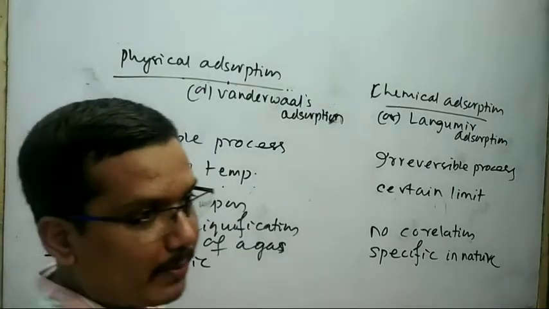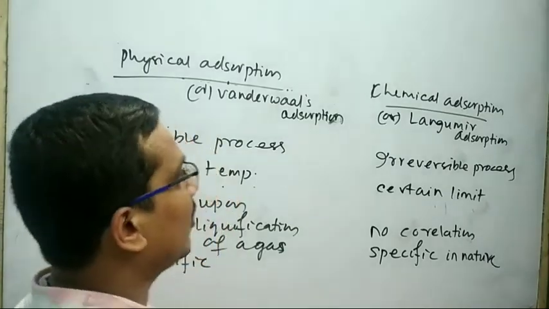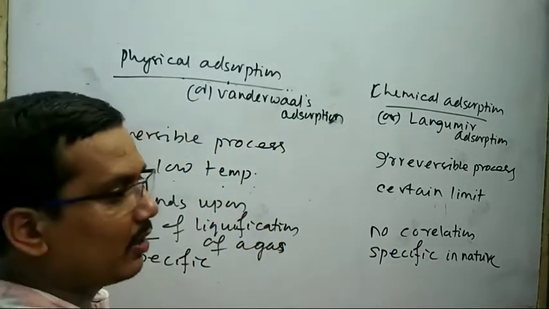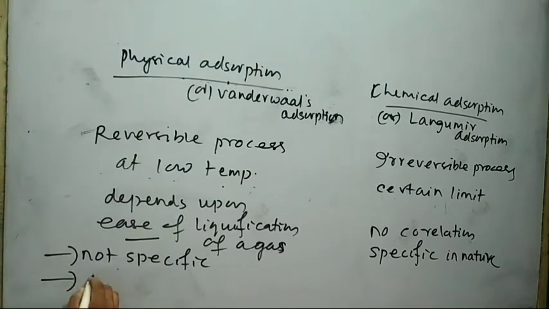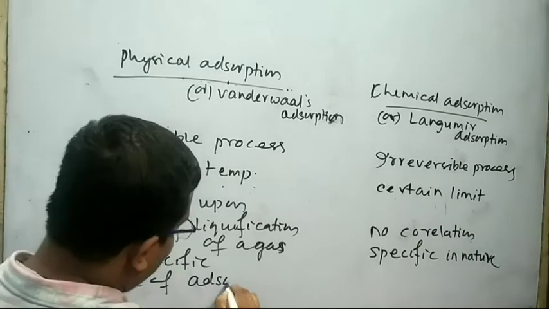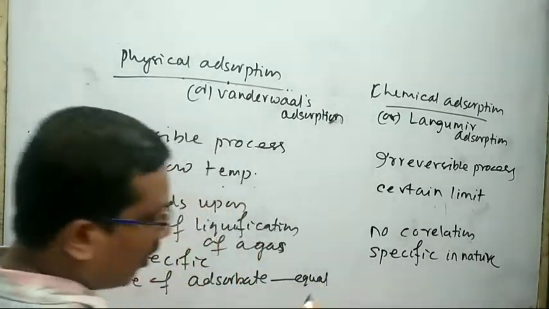If there is no formation of chemical bond between adsorbate and adsorbent molecule, then there is no chance of chemical adsorption. In physical adsorption, the state of adsorbate is equal in the bulk.